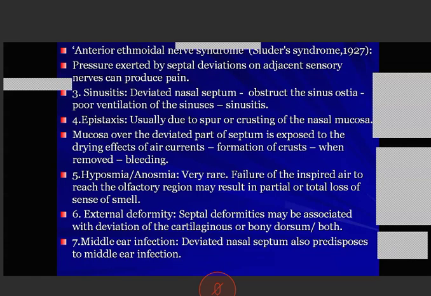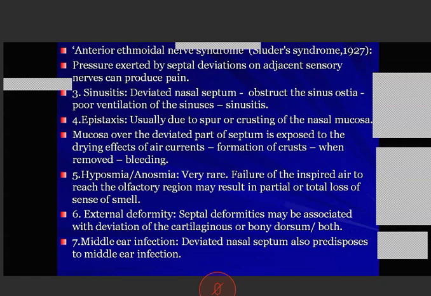That is a normal process. Whenever the ostia is blocked, what will happen? All the secretions get stagnated inside. When there is stagnation of secretion, there is infection, and that is called sinusitis. Inflammation of the mucosal lining of the sinus is called sinusitis. So you will develop sinusitis.